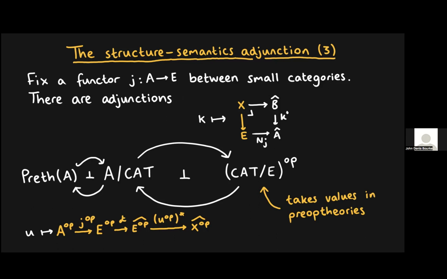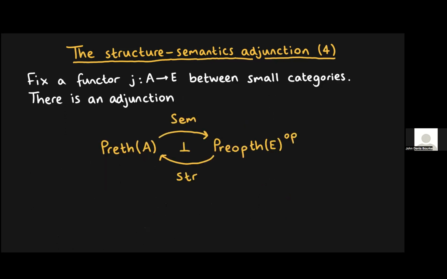So if we start with a pre-theory and apply these two left adjoints, we get a pre-op theory out. This means we can restrict this adjunction slightly and say more precisely that it is an adjunction between pre-theories on A and the opposite of the category of pre-op theories on E.